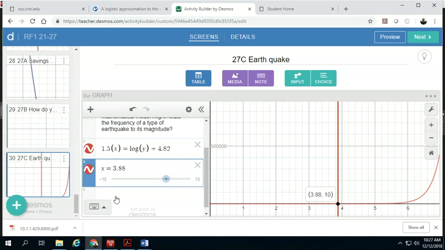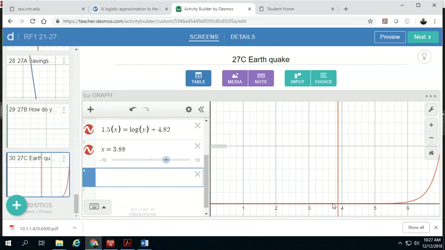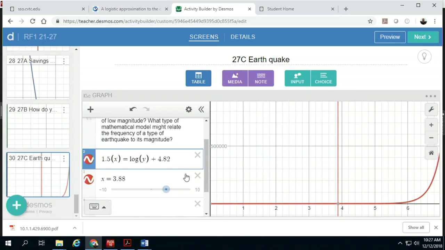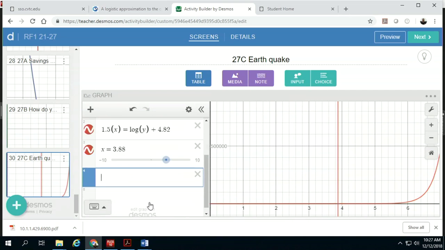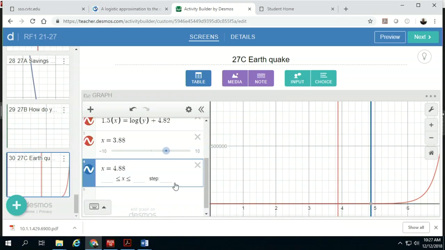If it's a 3.88 earthquake, it's got 10 metric tons. If it's a 4.88, notice it's 316 metric tons, or about 300 times as much earthquake power.